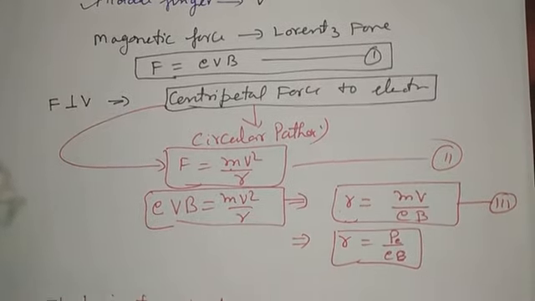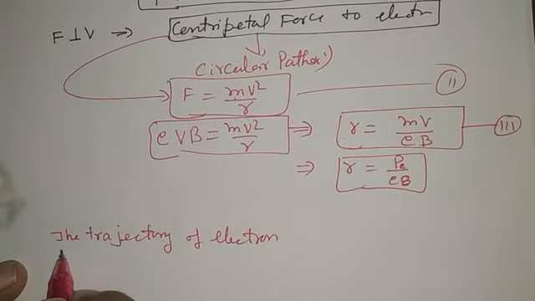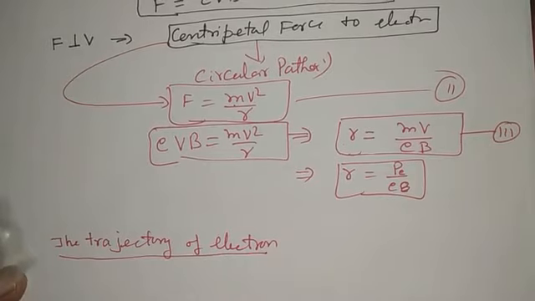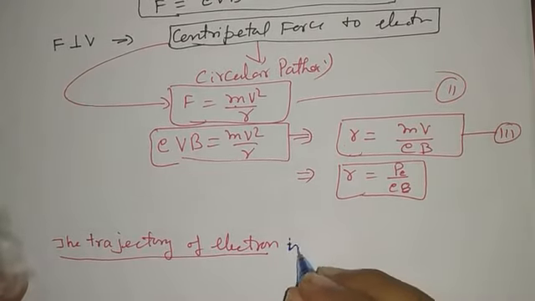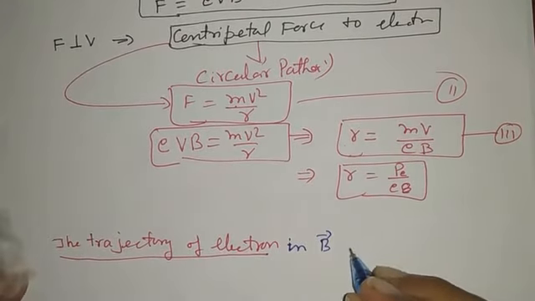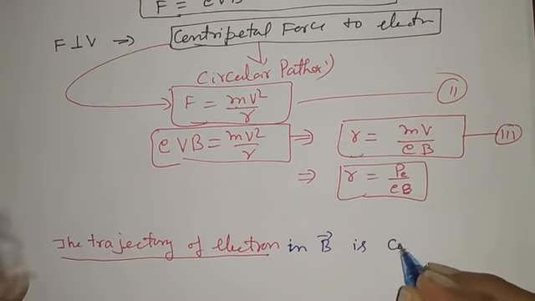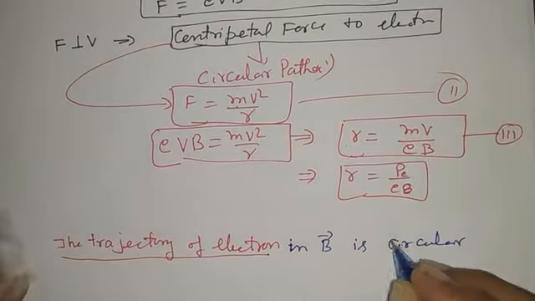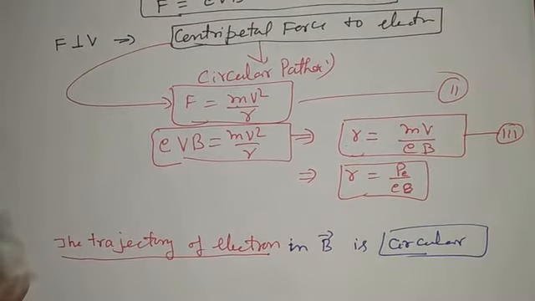So one may say that the trajectory of electron, that is the path of electron in magnetic field B, is circular. See, this circular is very important.